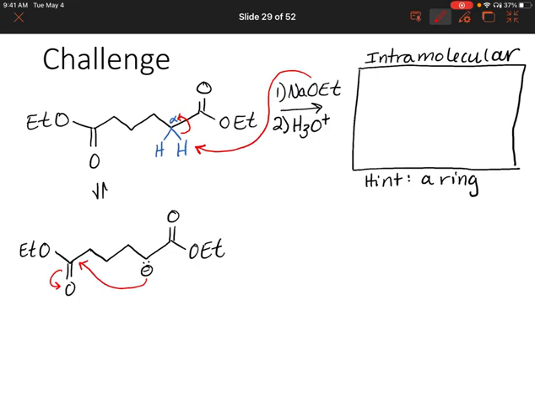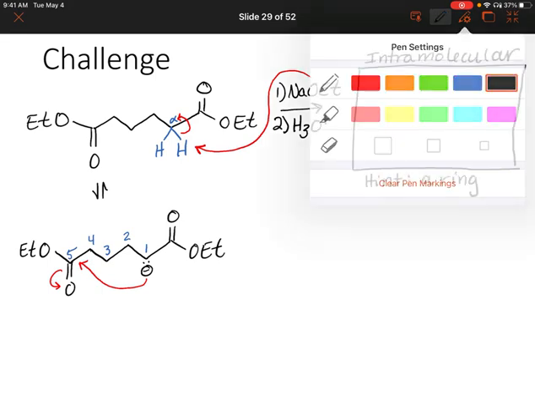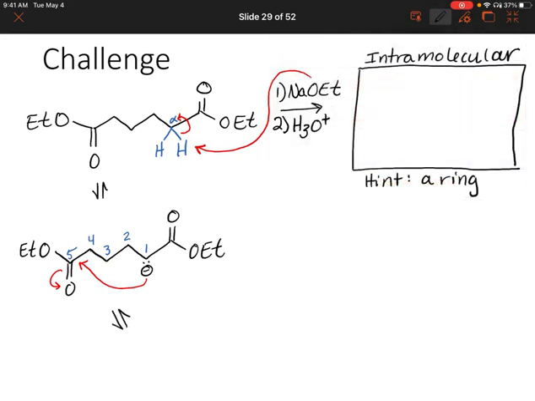So this is where we have our intramolecular reaction, and we're starting to form a ring. So let's count the carbons that would be in our ring. We've got 1, 2, 3, 4, 5. All right, so that means we're forming a 5-membered ring. And they're all carbons, so that makes it a little easier.